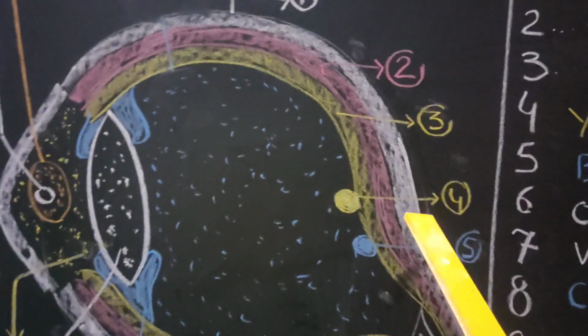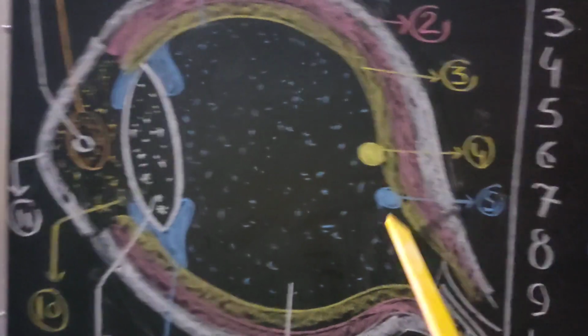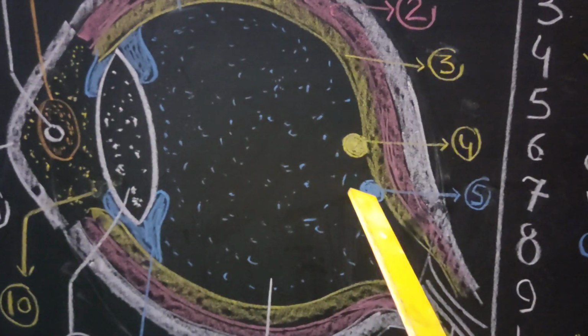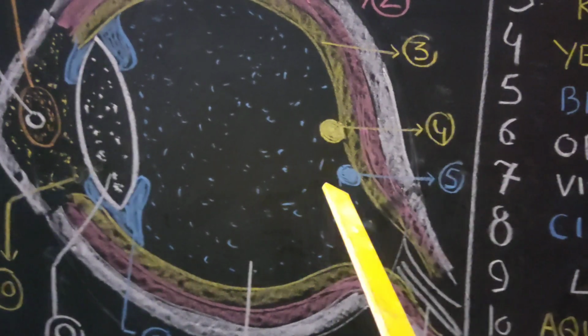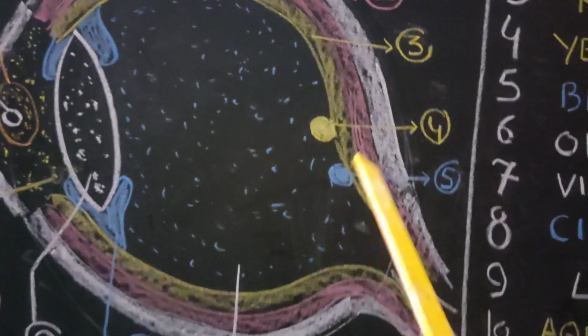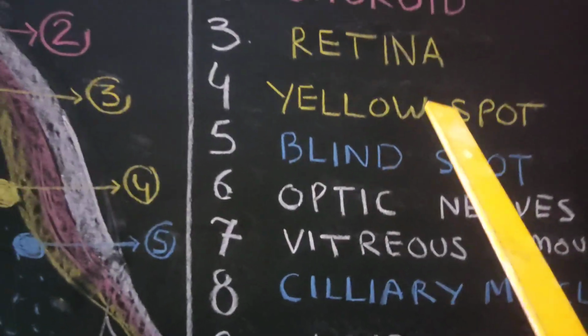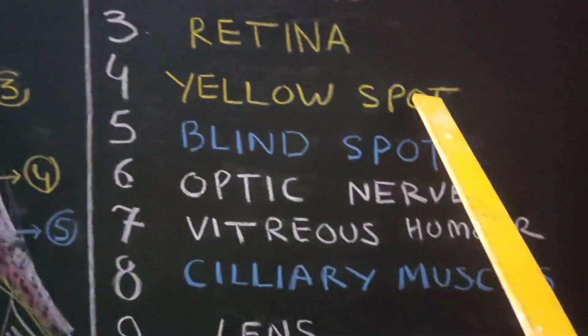Then number 4, there are two points on the retina inside the eye. Number 4 is yellow, and number 5 I have drawn in another color, blue. The yellow spot is called the yellow spot. It is the spot where the image is formed, so we can see whatever is in front of us.